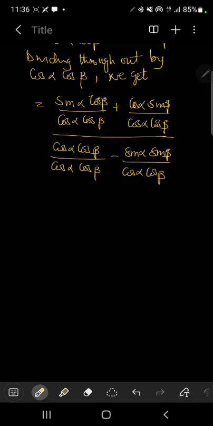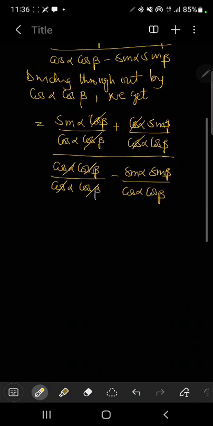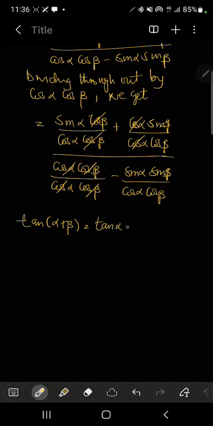Then we can clearly see that this and this cancel. Equally, cos of alpha and cos of alpha cancel, and this and that cancel. So we are left with tan(alpha plus beta) equals: sine over cos, that will be tan of alpha, plus sine over cos beta.